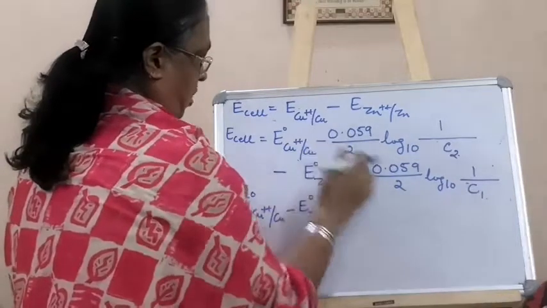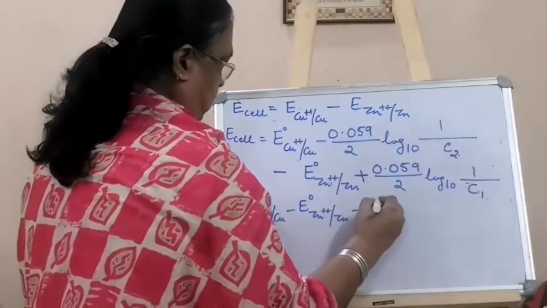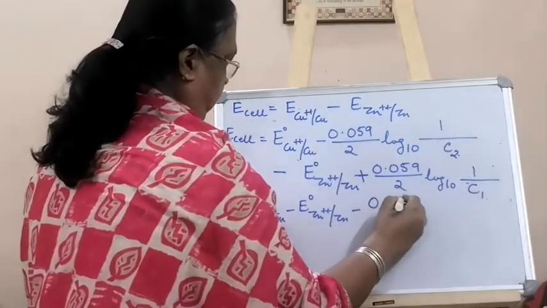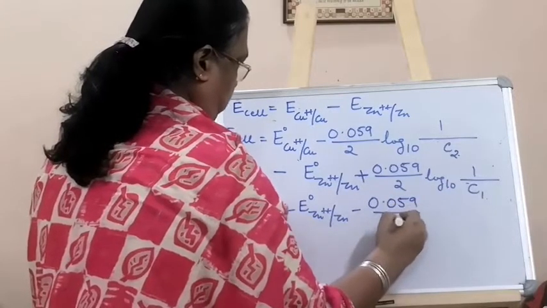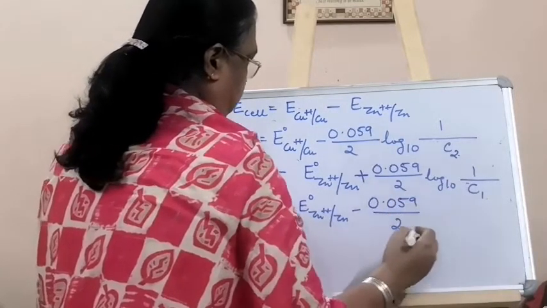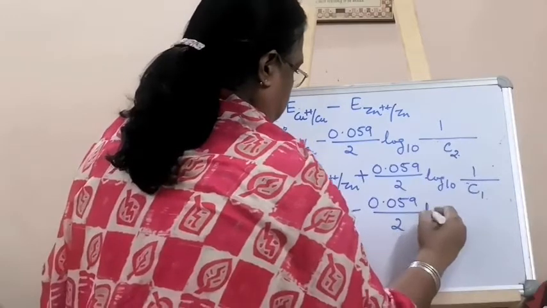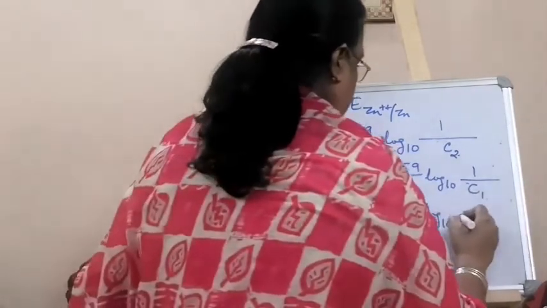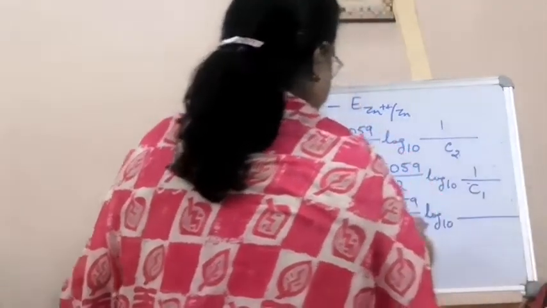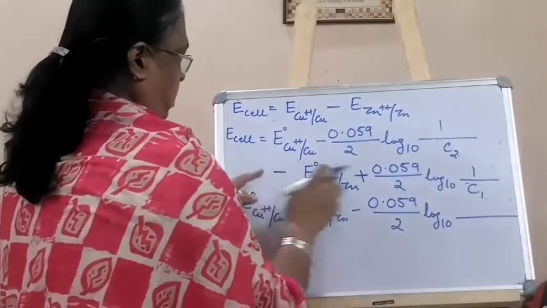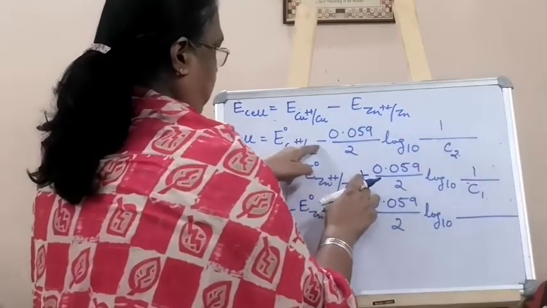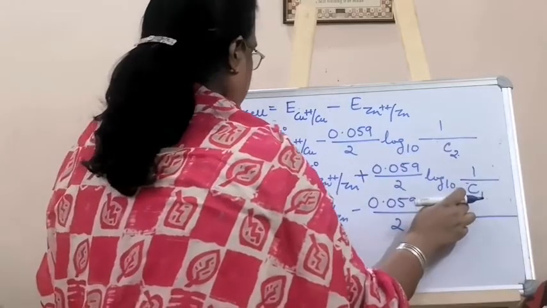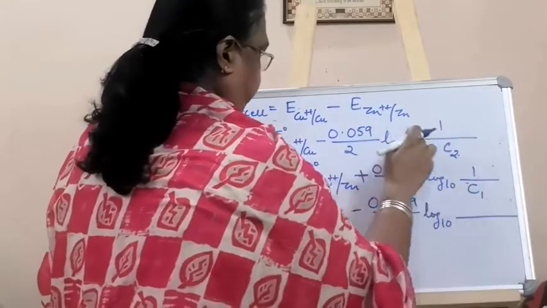Then this is common: if I take minus 0.059 upon 2 and the log base 10 also common, then this is your plus and this is your minus, so this will go up.